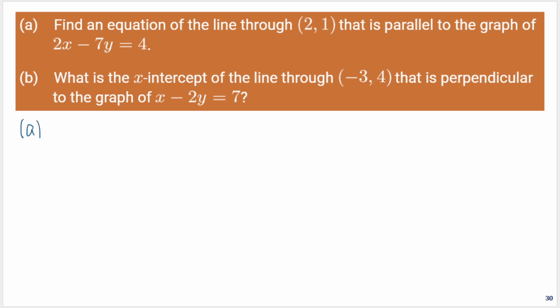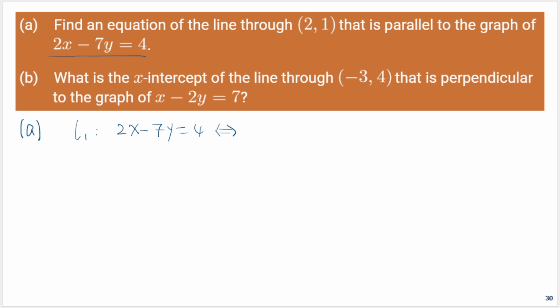For the first question, we know that this line has a slope, right? If this line has a slope and is parallel to the other line, that means the other line has the same slope as this line, right? So let's say L1 has the equation 2x minus 7y equals 4. First of all, let's find the slope.